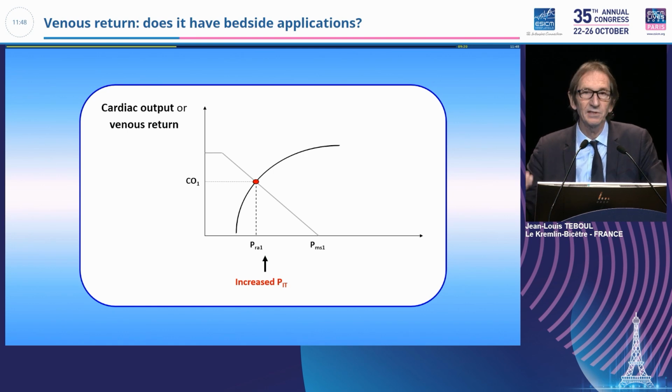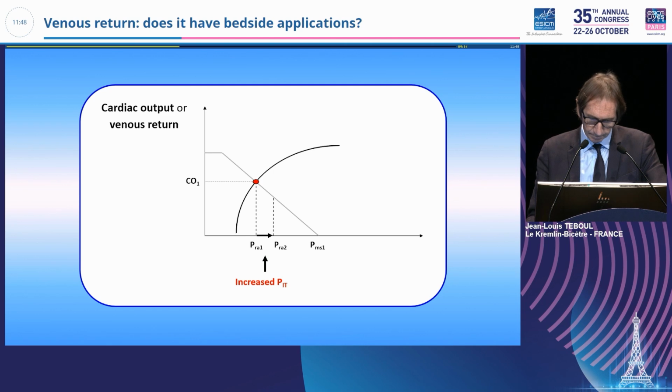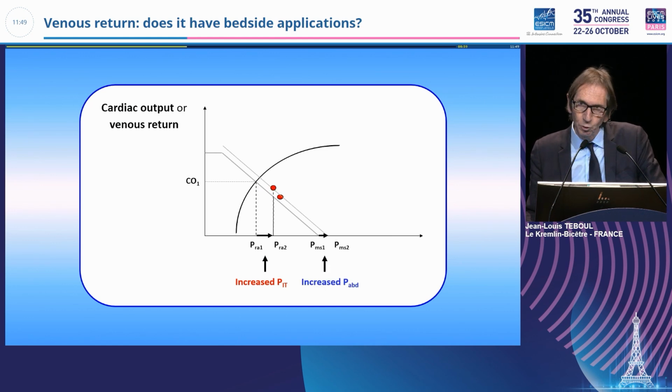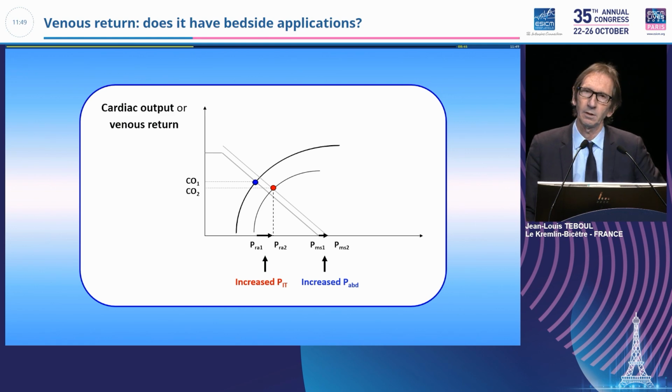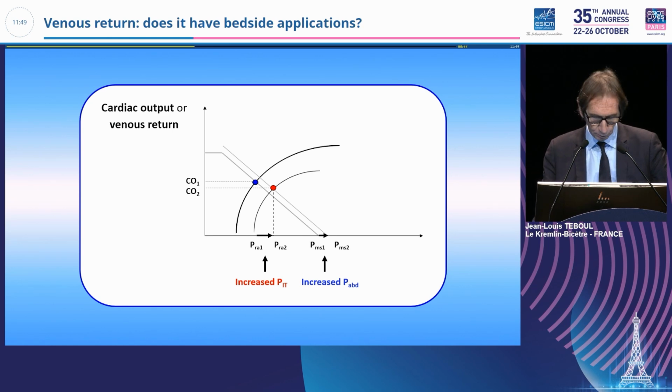There is an increase in the intrathoracic pressure during mechanical insufflation, and this will decrease cardiac output if we consider that the right atrial pressure increases, like this. Nevertheless, there is an increase in the abdominal pressure, which will shift the venous return curve to the right, and therefore, finally, we should have a decrease in cardiac output, but less marked due to the increase in the abdominal pressure.